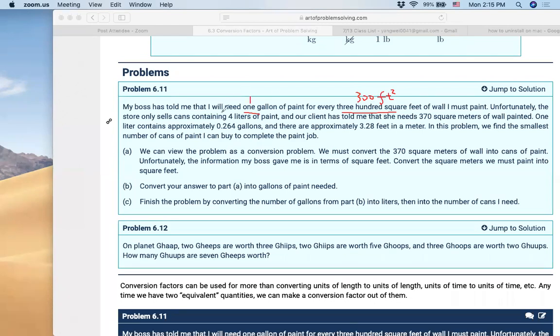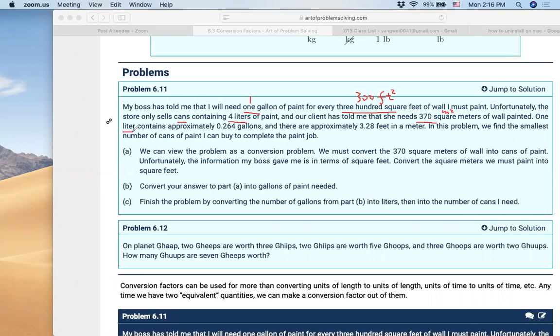Unfortunately, the store only sells cans. Cans contain 4 liters of paint. And our client has told me that she needs 370 square meters of wall painted.